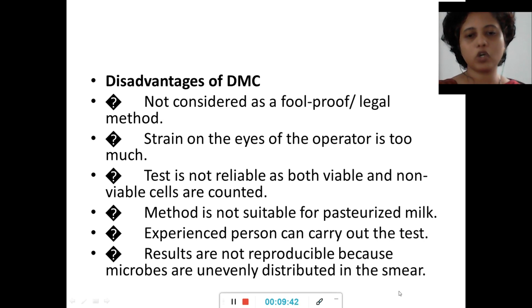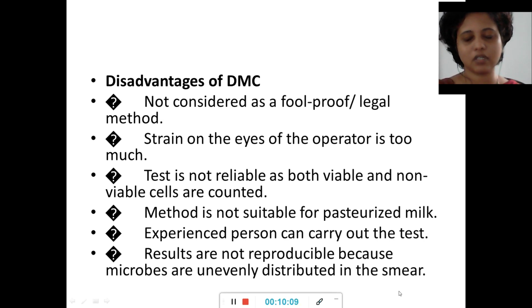And the results are not reproducible because the microbes are unevenly distributed in the smear; depending upon the smear pattern or how you prepare the smear, the success rate of this direct microscopic count will vary. So it is not a reproducible one. Any experiment is said to be reproducible if, even on repeated trials, you get the same result.